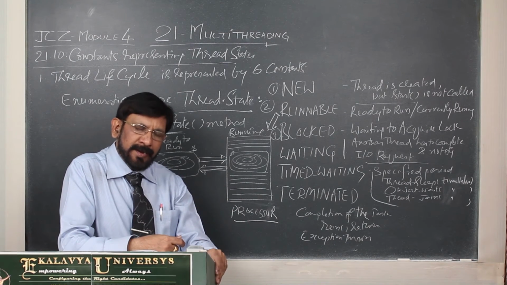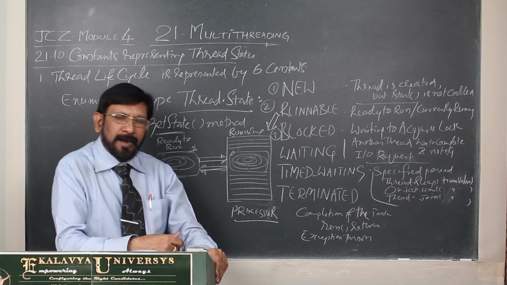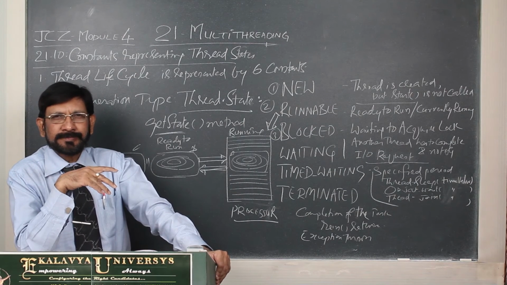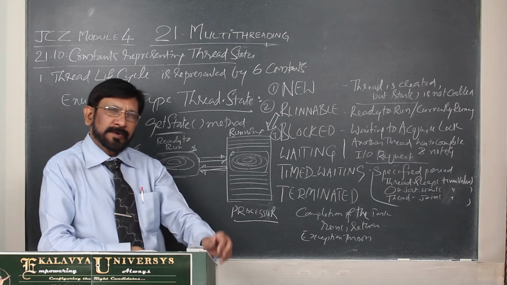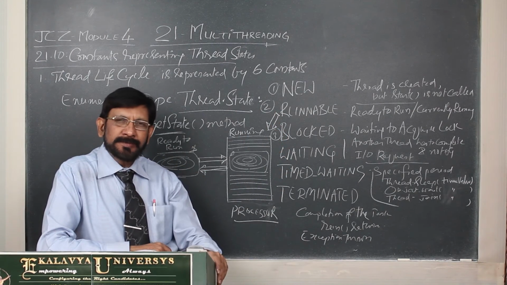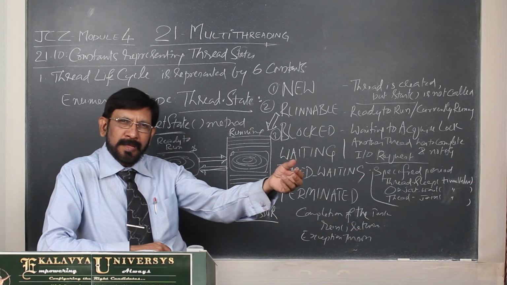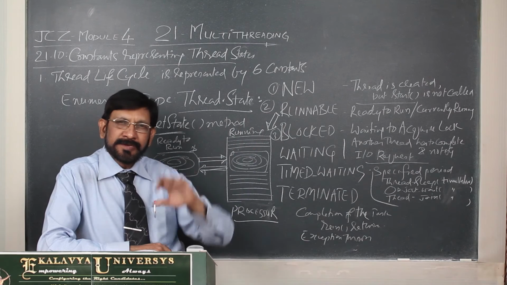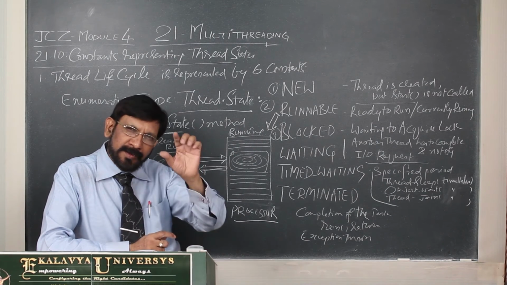Let us say one array object is there. On the array object, we may perform different tasks: one is adding elements, another one is sorting elements, another one is searching elements, like that. Different tasks on the same object.